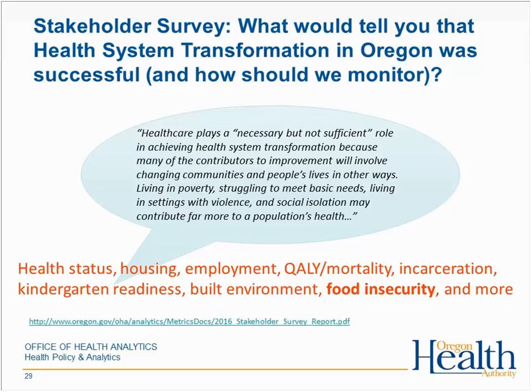So looking at health status, looking at housing, employment, mortality, incarceration, kindergarten readiness, which would look at some coordination between the health system and education and early learning, as well as the built environment, and then in particular food insecurity. So based on that stakeholder survey and based on quite a bit of public testimony and other input from some advocates, our committee decided that they were interested in developing a food insecurity measure.